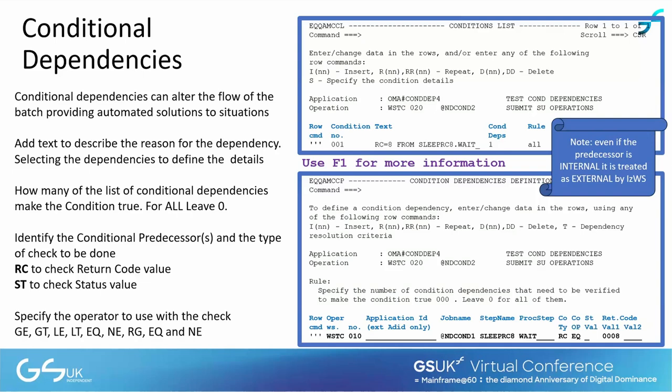So you could have 2 predecessors. One predecessor is the real job that may or may not run before this job is scheduled to run. And another one that has a time dependency on it of, I don't know, 3 o'clock in the morning. And you can say only one of these needs to be true.